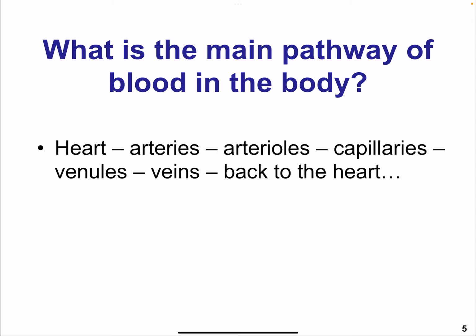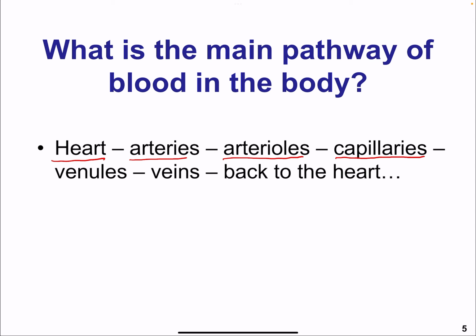So typically, if we start at the heart level, the blood is going to go from the heart to the arteries, from the arteries to arterioles that are smaller than arteries, and from arterioles to capillaries that are the smallest blood vessel that you can find in our system.